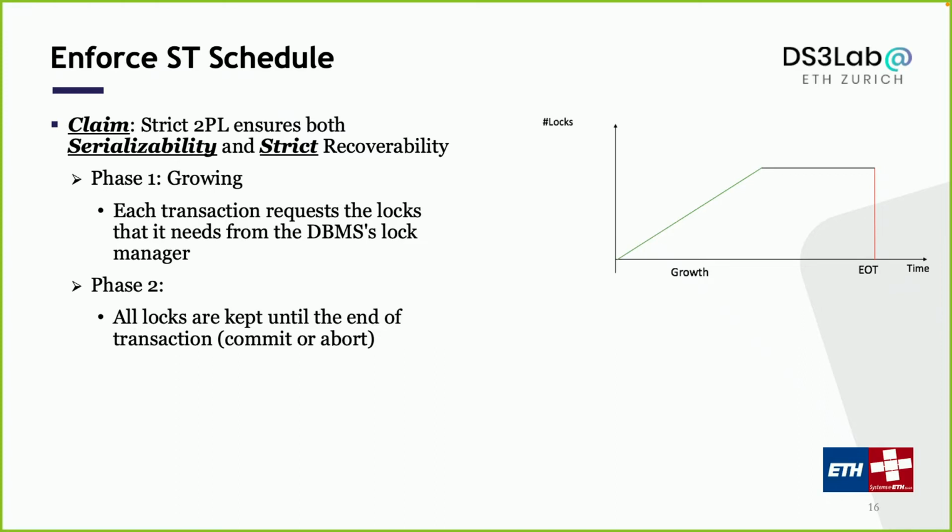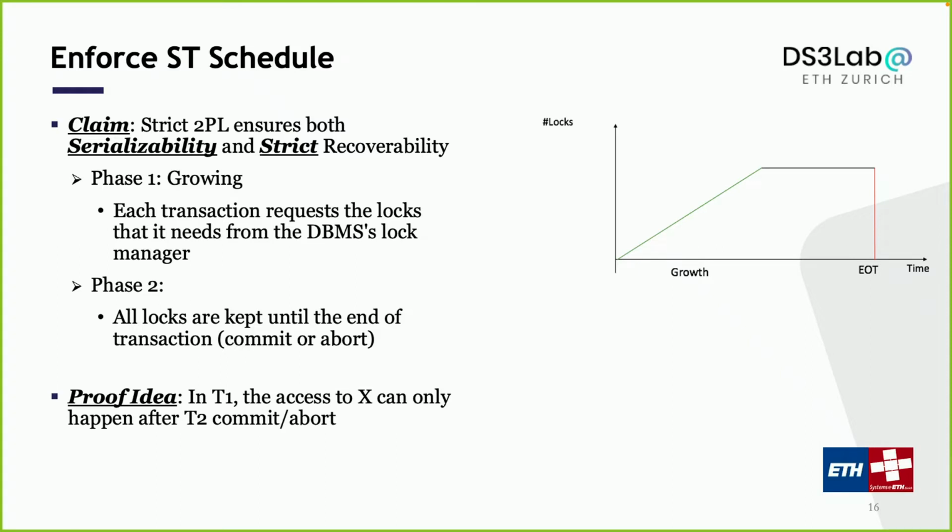Then in the second phase, you keep all the locks until the very end of the transaction. If the x-axis is time and the y-axis is the number of locks a transaction holds, you have this growing phase, and then suddenly at the end of the transaction, you drop all the locks. That's strict two-phase locking.